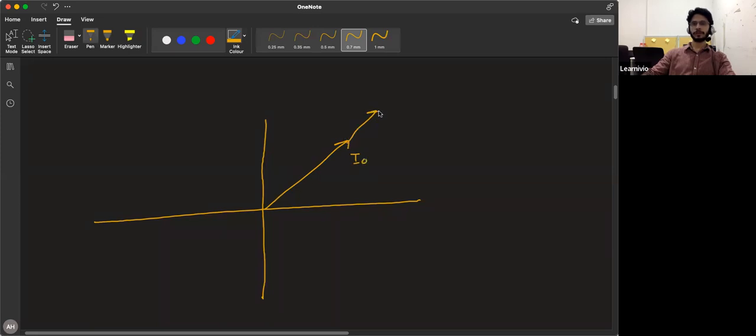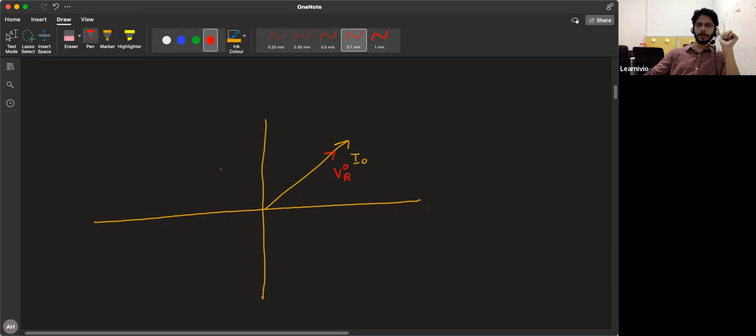This is the phasor diagram of current I naught. If I take the voltage across the resistor, then what is the phase difference between current and voltage? Is there any phase difference between them across the resistor? V naught R and I naught are exactly in the same phase.